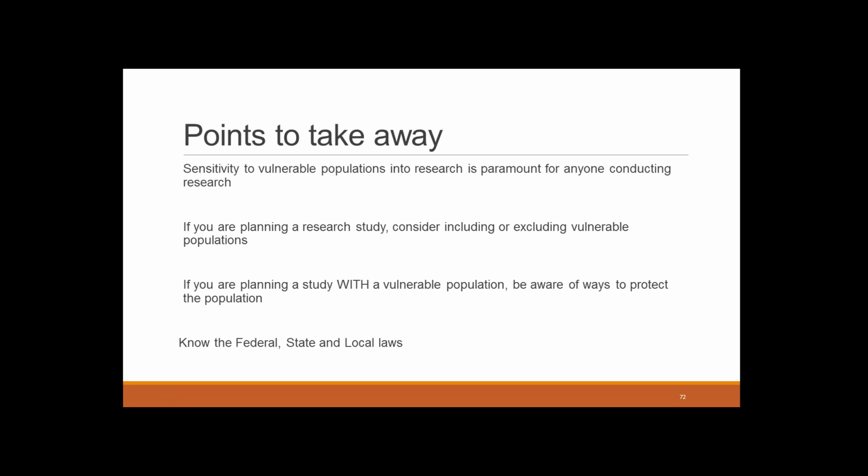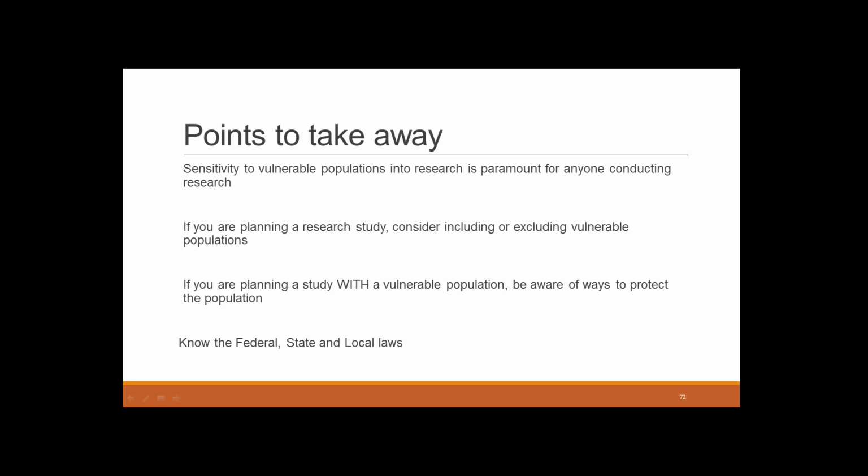The most important thing for you all to take away, I know it's a lot of information and a lot of it's vague, but you've got to understand dealing with vulnerable populations is vague. It's unique. It's something you need to be very sensitive to: whether you want to include them, whether you don't, what the risks and benefits are, what the challenges are, and as you design your protocols and prepare your consent forms.